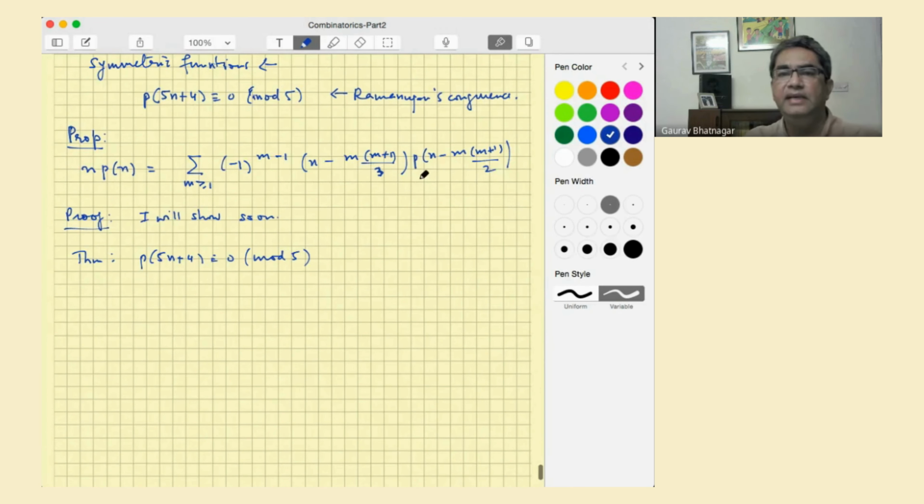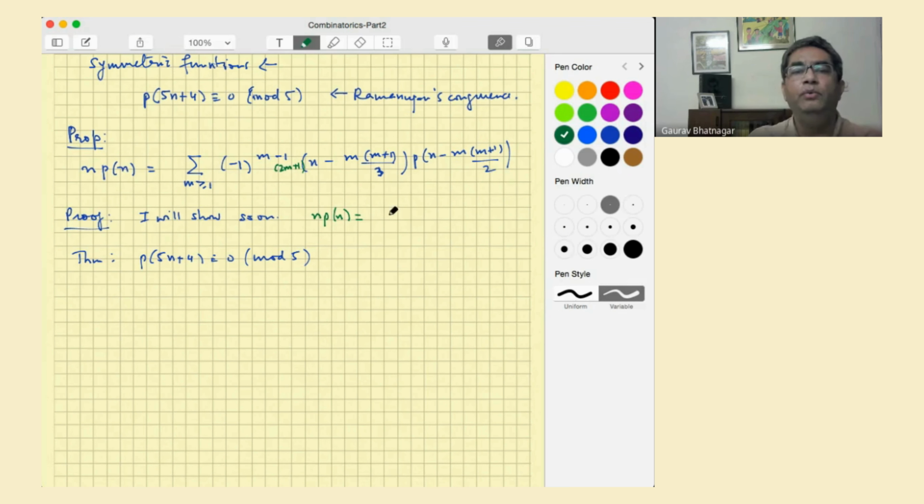So what is this first of all? If we just take n p(n), and then for m equal to 1, what am I getting? Okay, there's something missing here. It's times 2m plus 1.